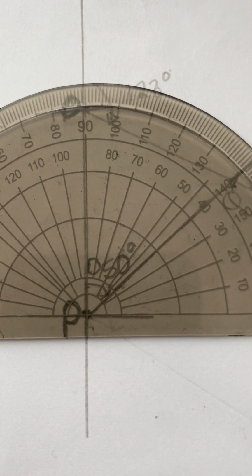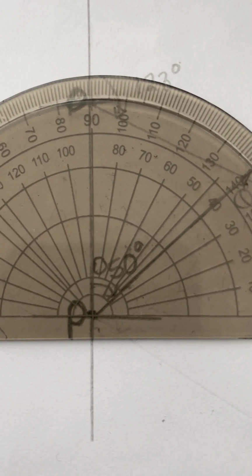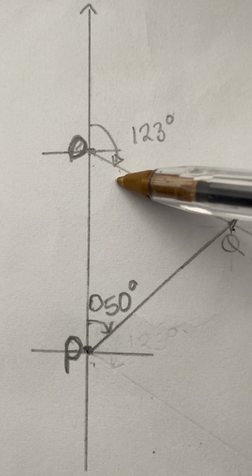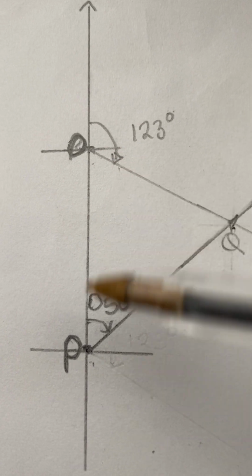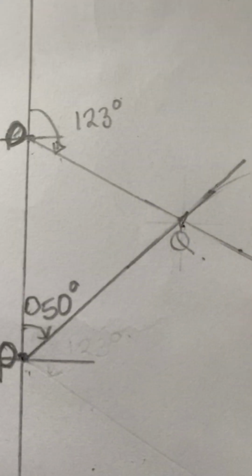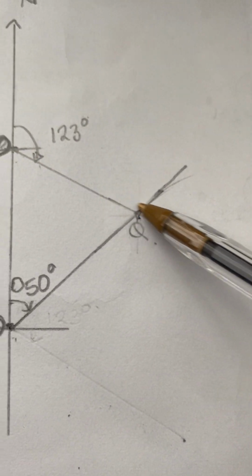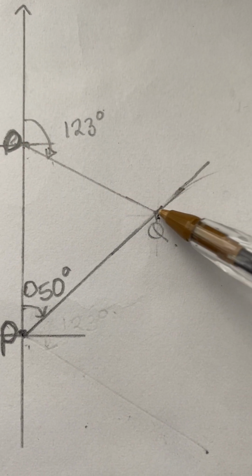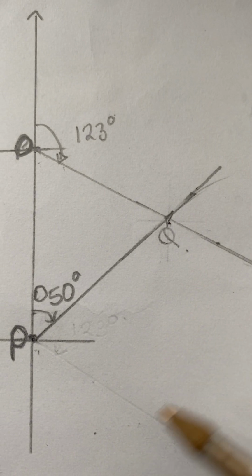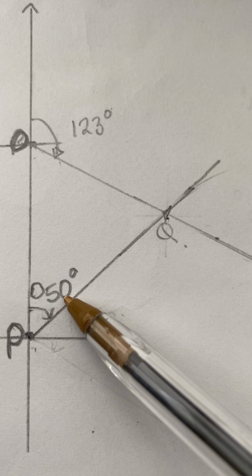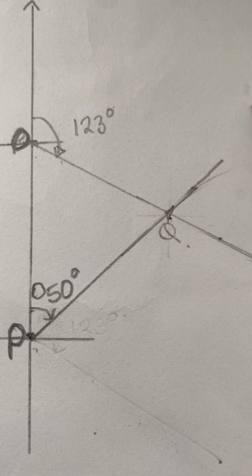Where it intersects will be our Q. Assuming this angle is 123 degrees and that angle is 50, we draw a straight line from the point O, and then we find the angle 050 and draw another straight line.